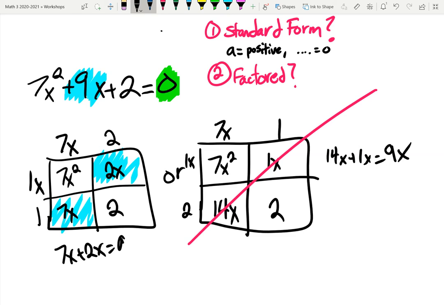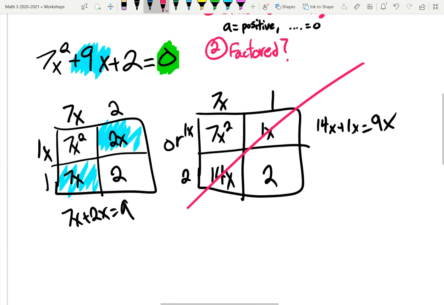Absolutely. Therefore, I have an equivalent form of this equation. Notice how this is a step within our problem-solving process. This is going to be a tool we use until the end of time. Get good.